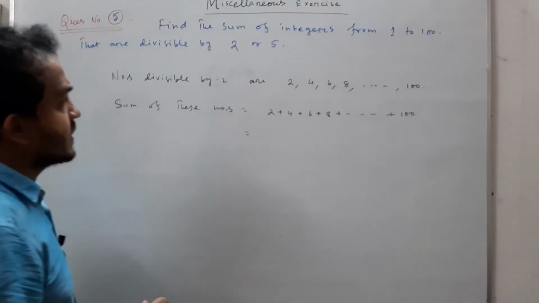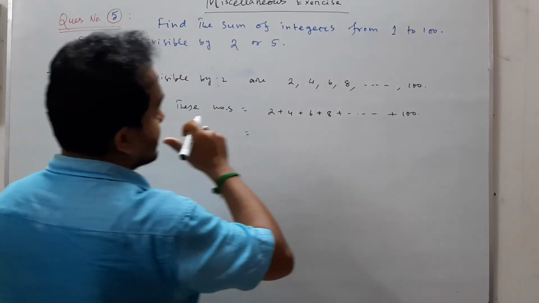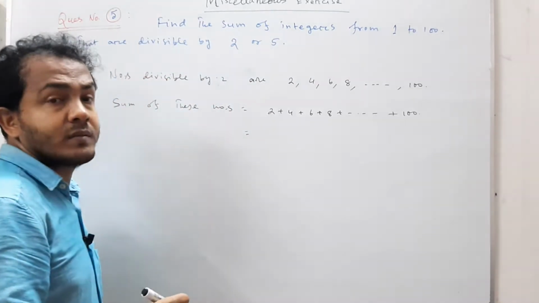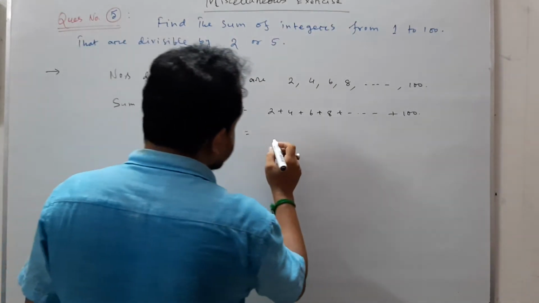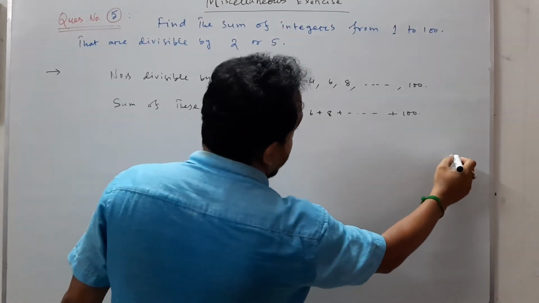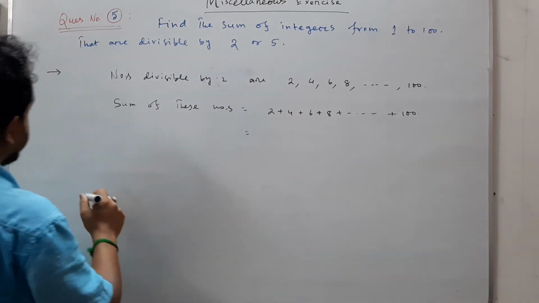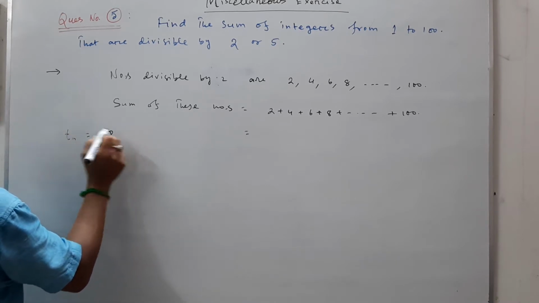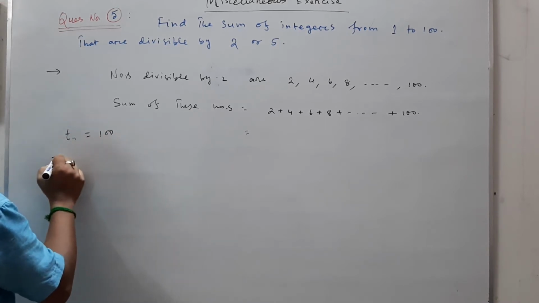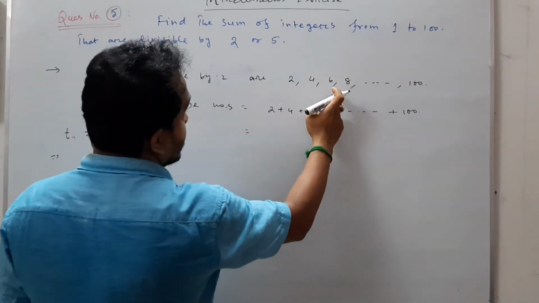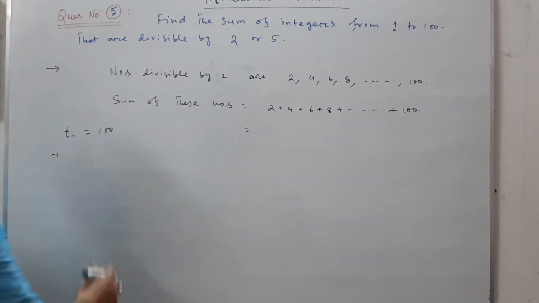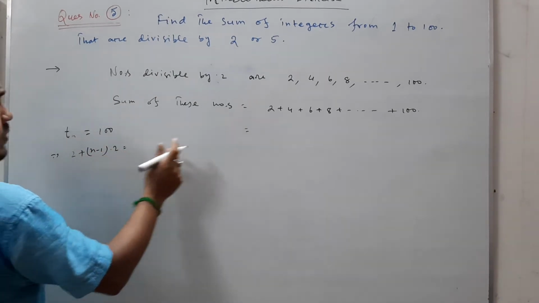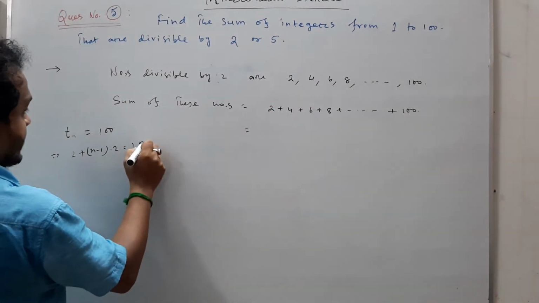There are 50 numbers in total, because the last number is 100. If I take tn equal to 100, then this series is an AP with first term 2, so 2 plus n minus 1 into d, where d is also 2, the common difference, is equal to 100.